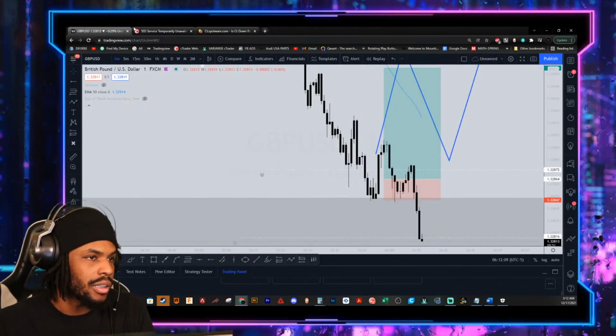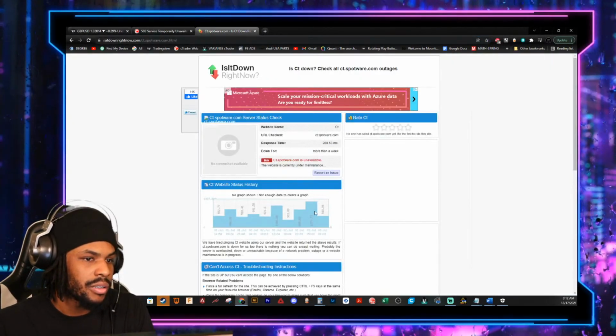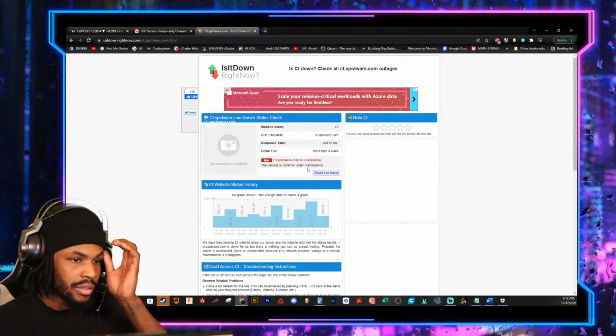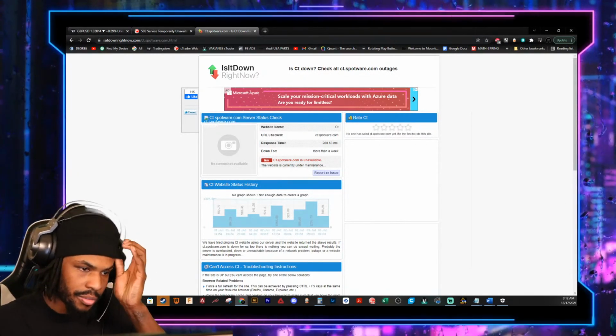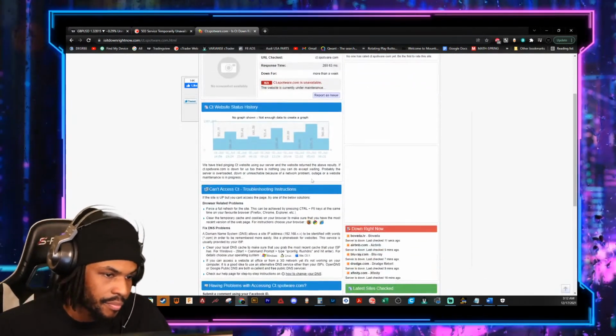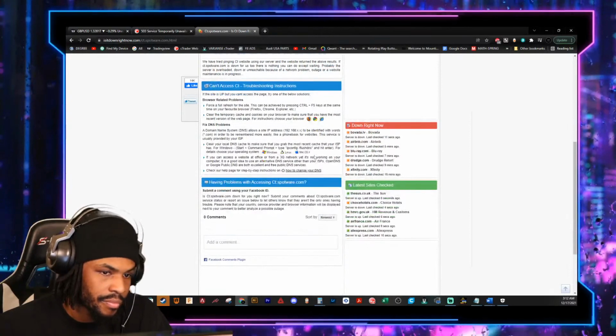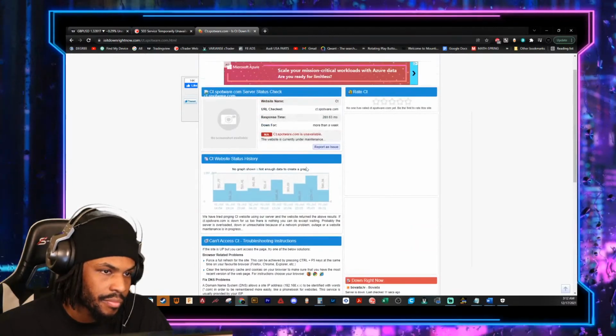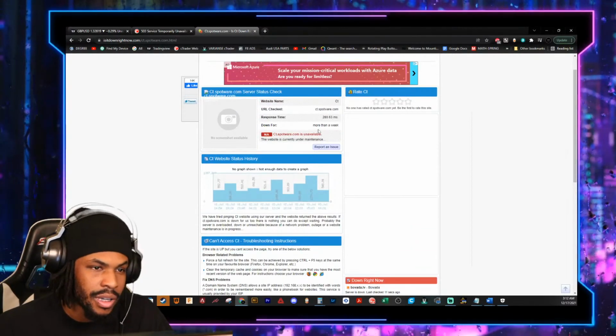I was trying to get to at least break even on that trade. It says the website is currently under maintenance. Wow. It says down for more than a week.